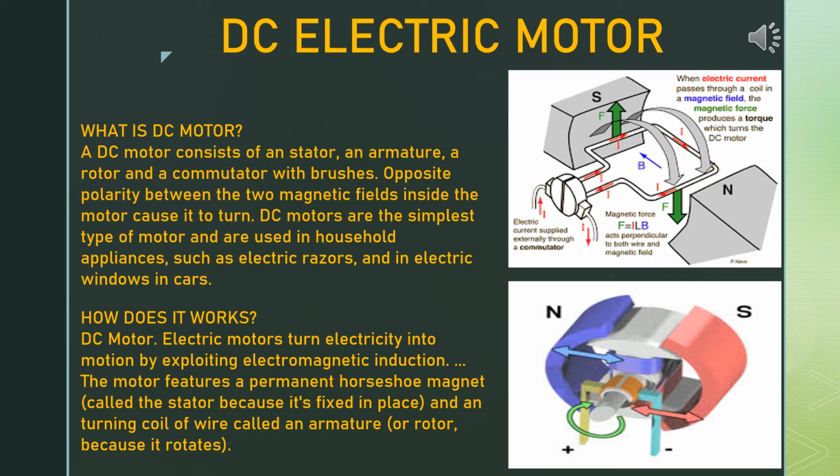Here the magnetic force acts perpendicular to both the wire and the magnetic field. An electric current is supplied externally through a commutator. See, the commutator is there in the previous diagram, and in the second diagram, a picture of an original electric motor has been given.